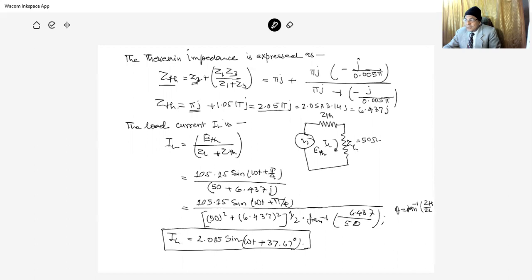And this is 2.0 into 3.140, that is 6.437 j.